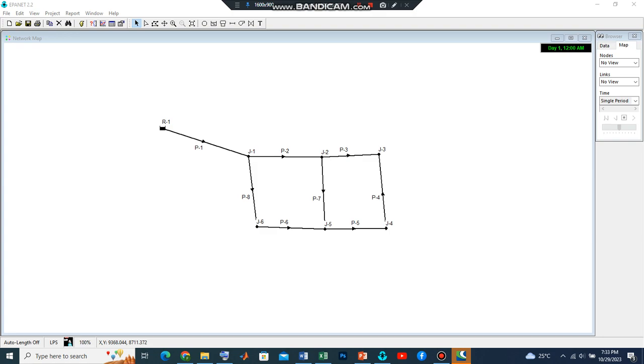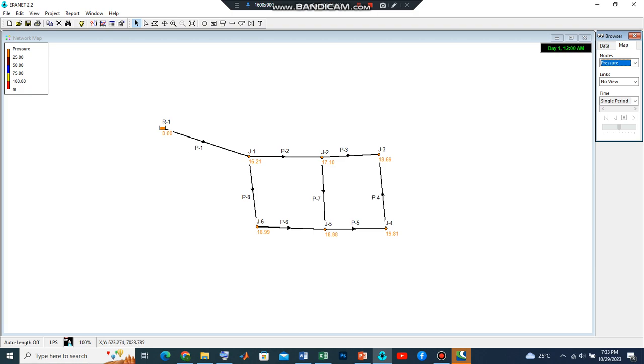kilopascals. Now there's something else I'll need to tell you. Let's look at the pressure. So let's go to nodes and then click on pressure. What you can see here is that we have at junction 1 16.62. Now what that means is that we are not dealing with pressure in terms of meters.